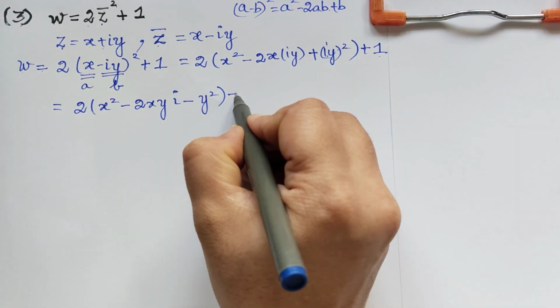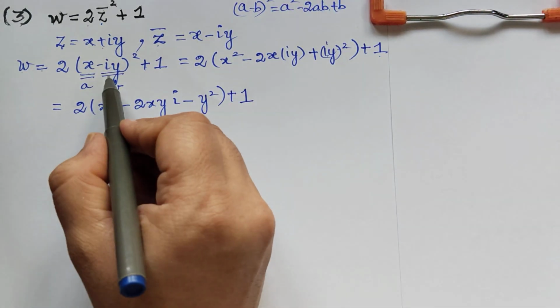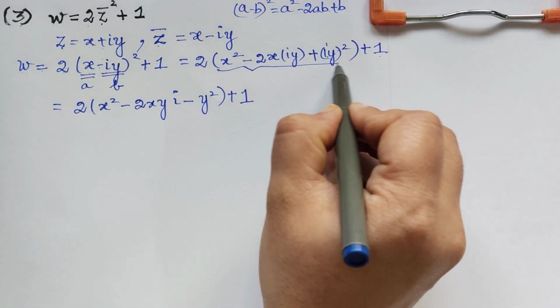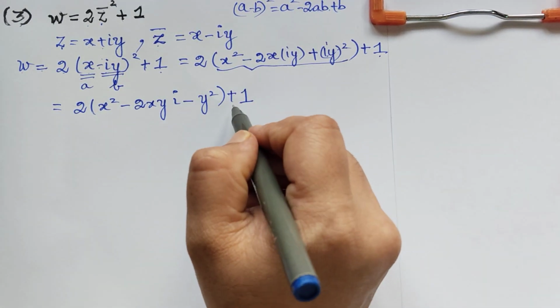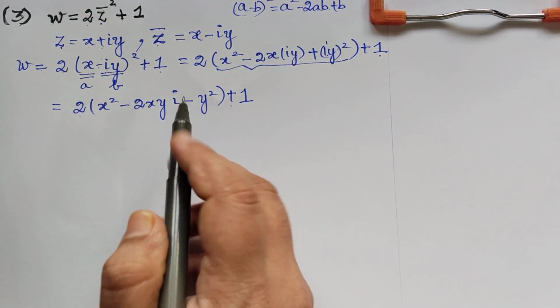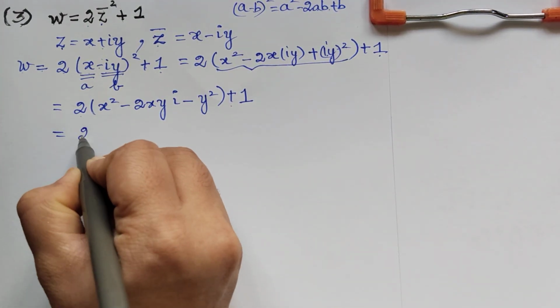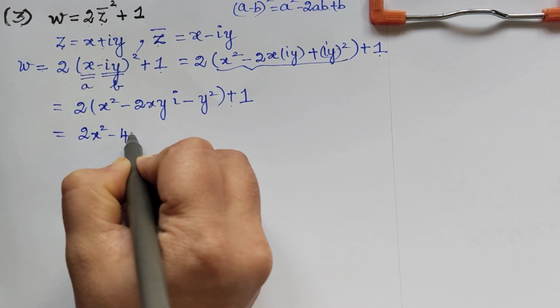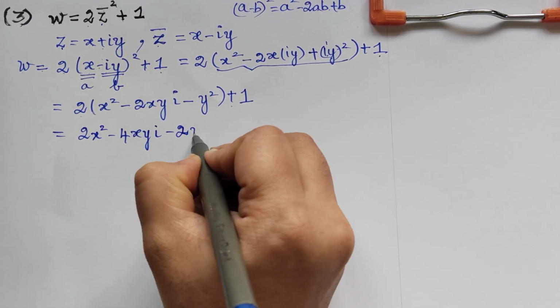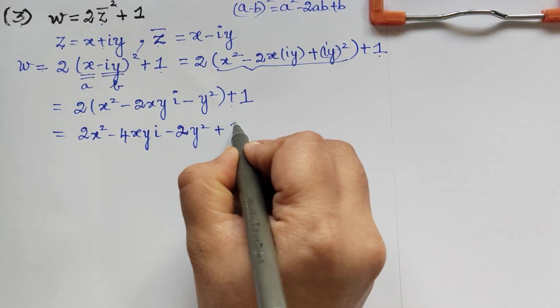So remember 2 multiplied with x minus iy the whole square is what I have written here, and this plus 1 has come here. So next step will be, this 2 can be multiplied throughout inside. So it will be 2x square minus 4xyi minus 2y square. And then this plus 1.